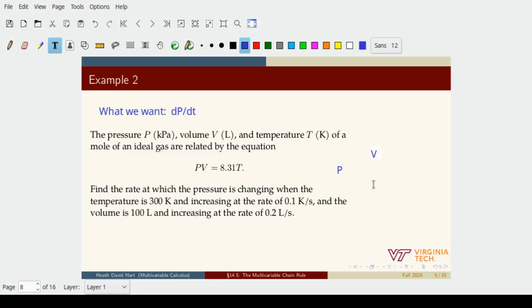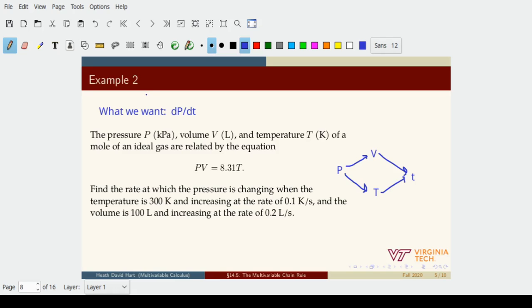I put the letters in first this time. And then volume and temperature depend on time.